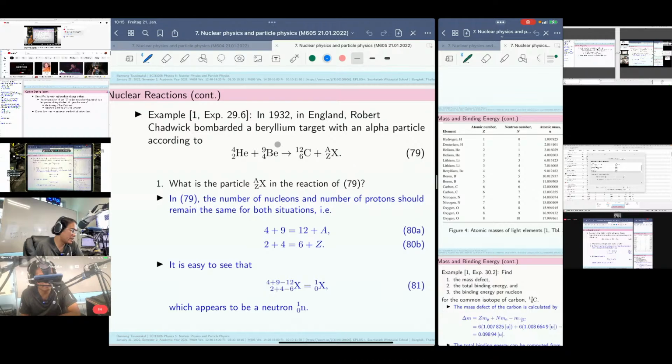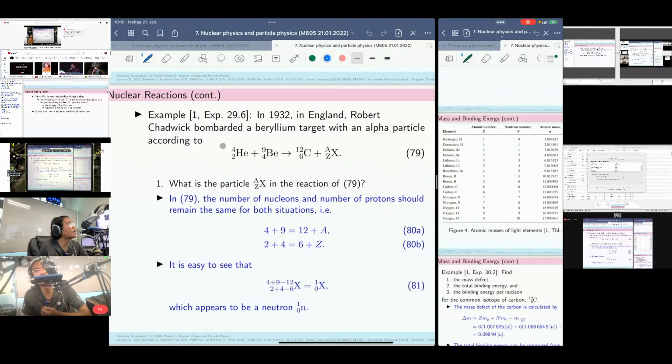You know, helium 4,2. The alpha particle is the nucleus of helium 4,2. Robert Chadwick accelerated the alpha particle, and because it has positive charge, you can use a magnetic field to increase its velocity.